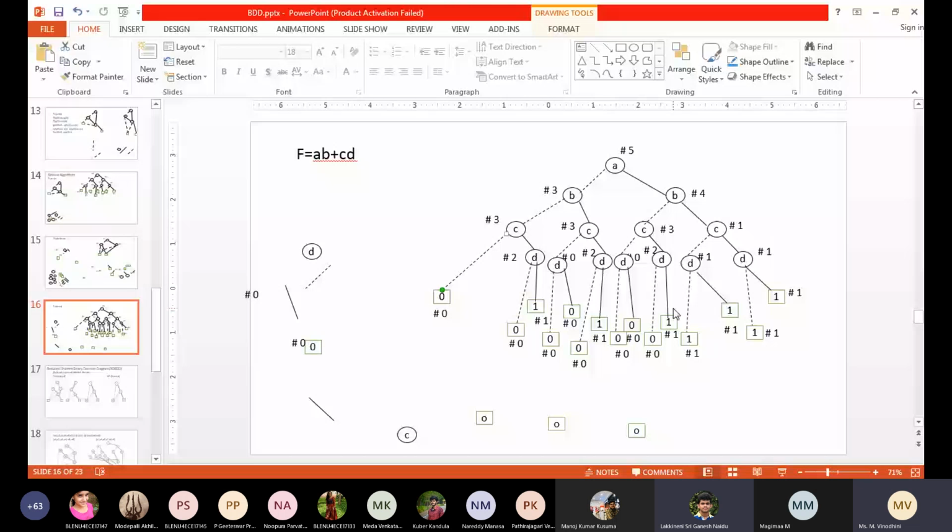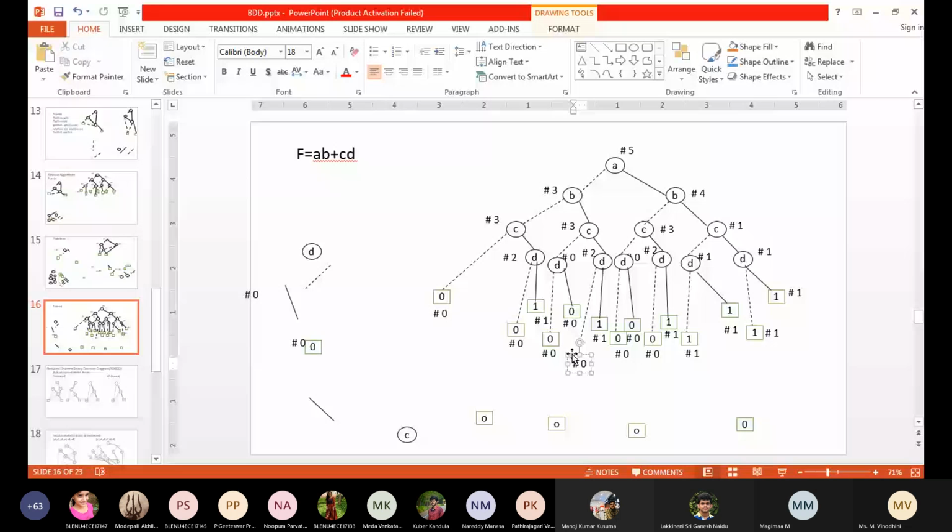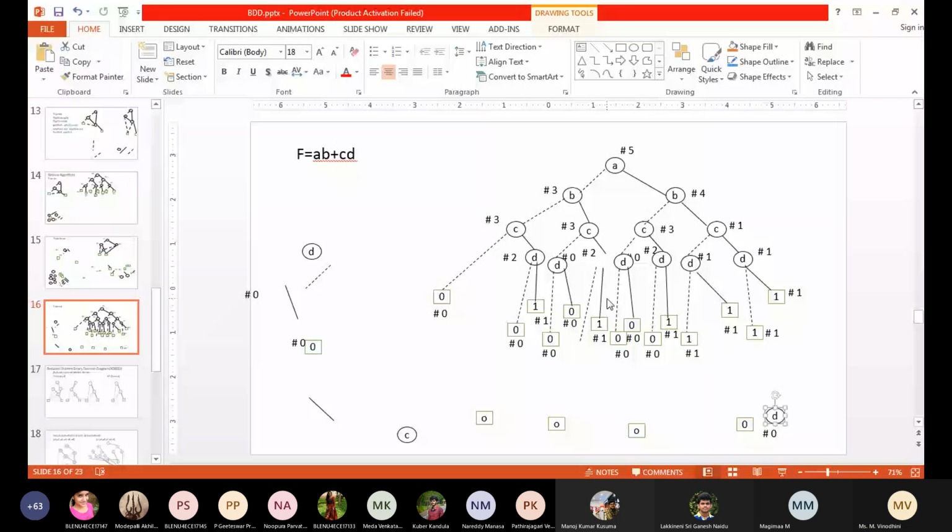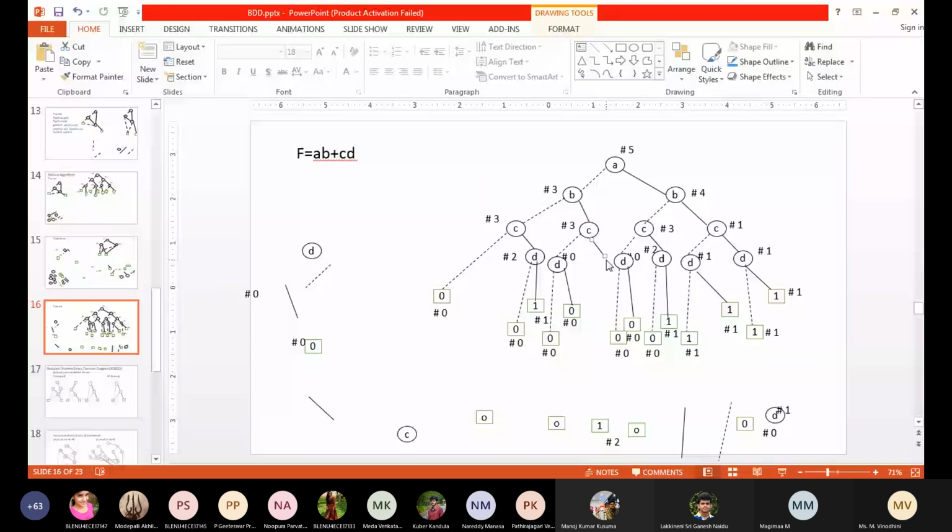I will remove this. Others, please, you also modify and redraw the diagram step by step.